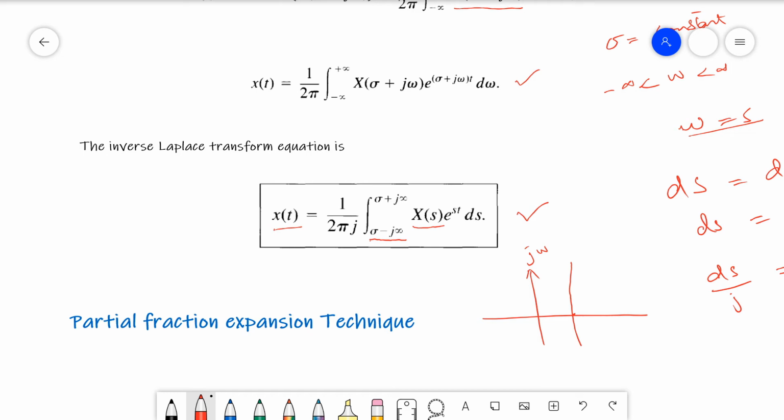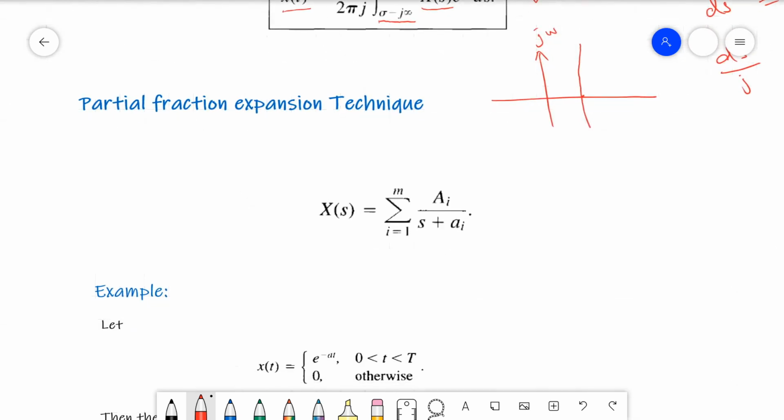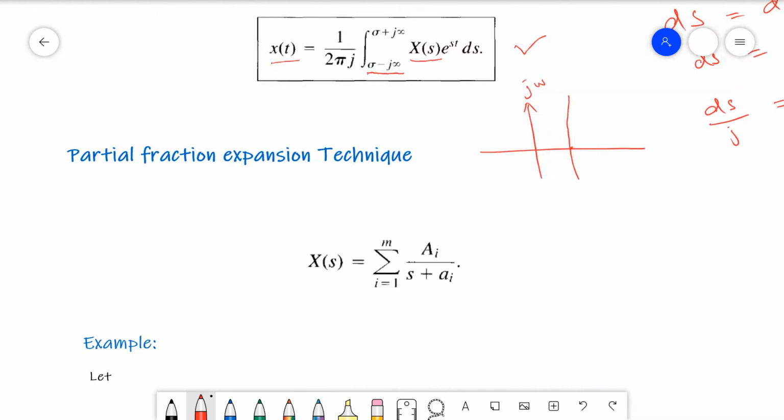Generally, when we have to find the inverse Laplace, we use the partial fraction expansion technique. So let's suppose we have the expression for X of s, and we have assumed that X of s contains some zeros and some poles, and that these poles are not repeating, they are not multiple order.